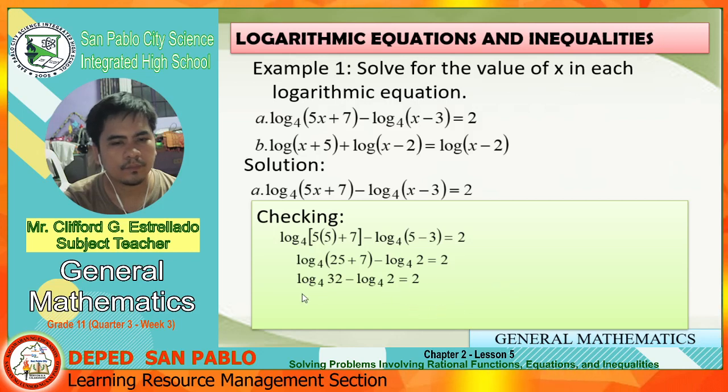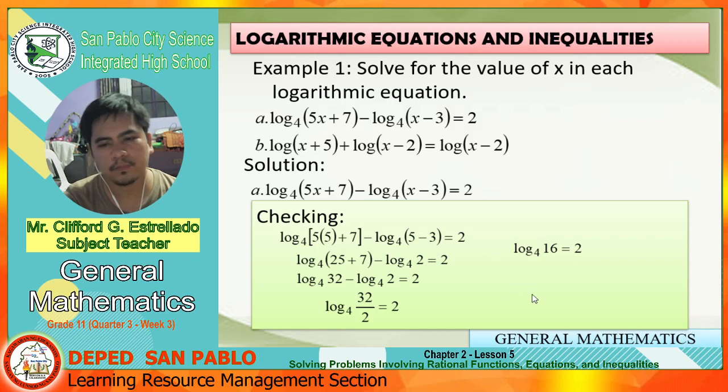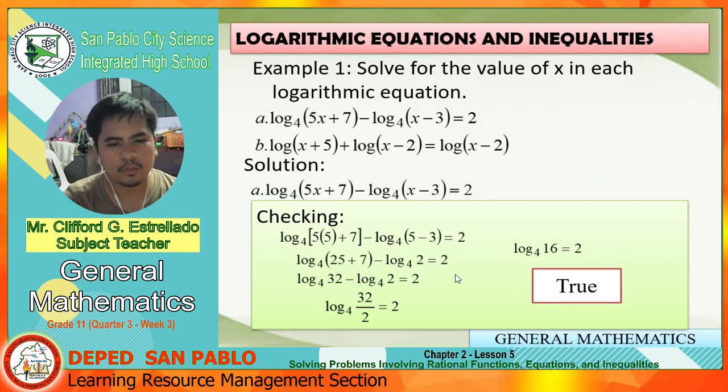Then, gawing single fraction, logarithm of 32 over 2 with the base of 4 is equal to 2. 32 divided by 2 is 16. So, logarithm of 16 with the base of 4 is equal to 2. And, logarithm of 16 with the base of 4 is really equal to 2. So, it is true. Therefore, we can say that the value of x here is equal to 5.